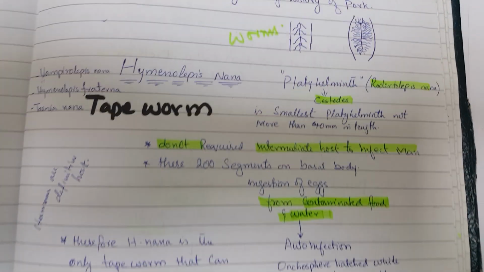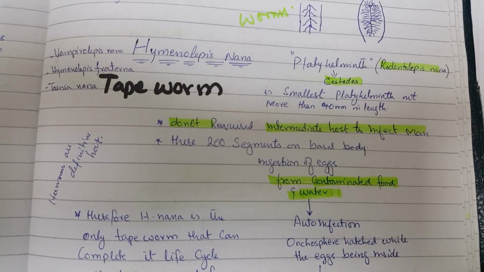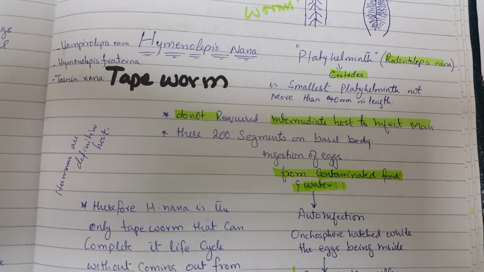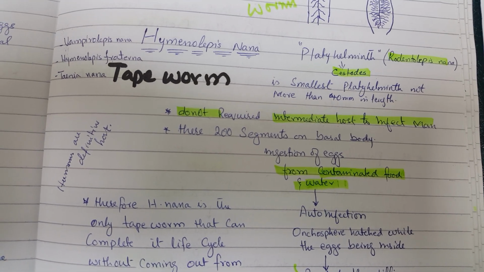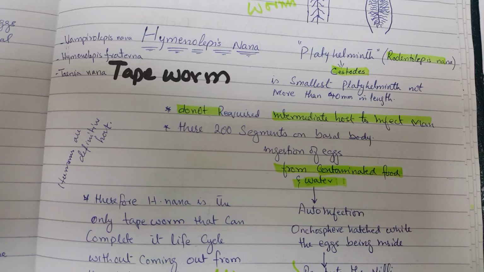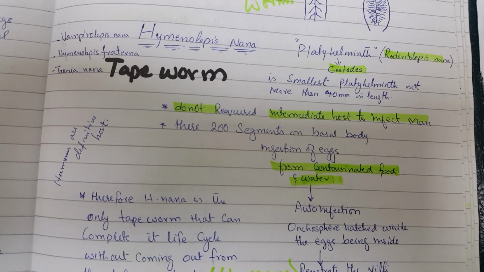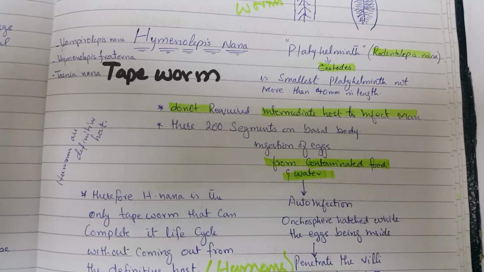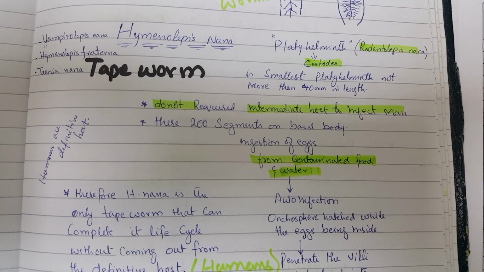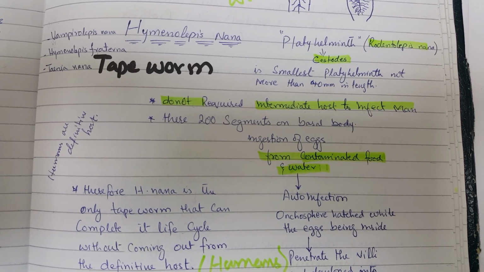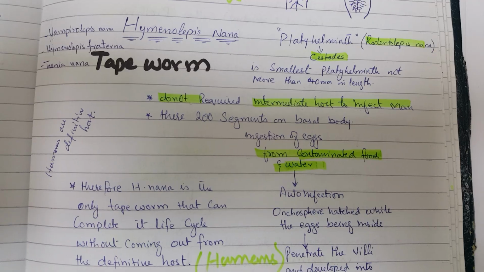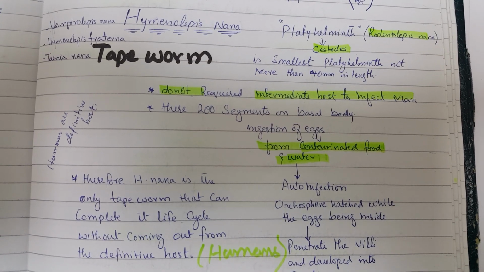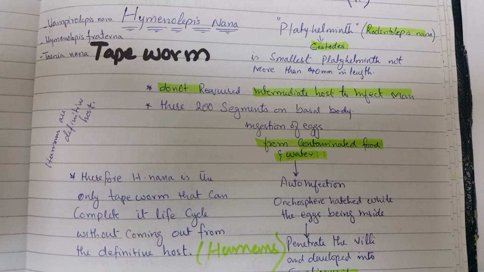H. nana, which is Hymenolepis nana, also called Vampirolepis nana, and Hymenolepis fraterna, and Taenia nana, is also a tapeworm. It is the smallest cestode, less than 40 millimeters in length, does not require an intermediate host, and has about 200 segments on the body.